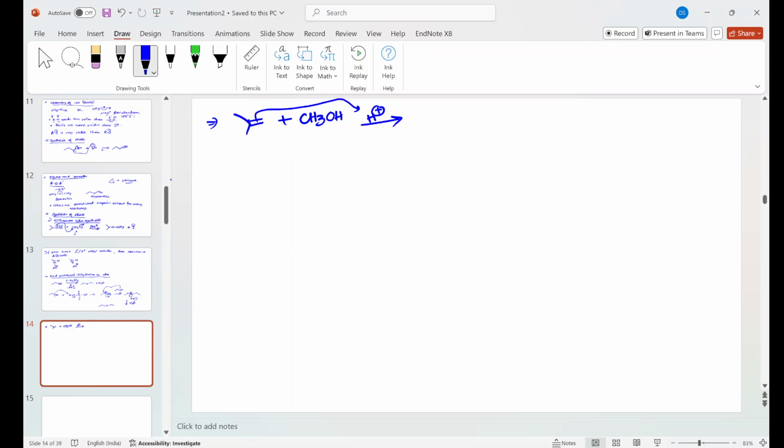This will take the proton and form the stable carbocation here, and you have CH3OH, okay, that you can get. So H and CH3 positive. This one will help you to abstract the proton and get to your product.